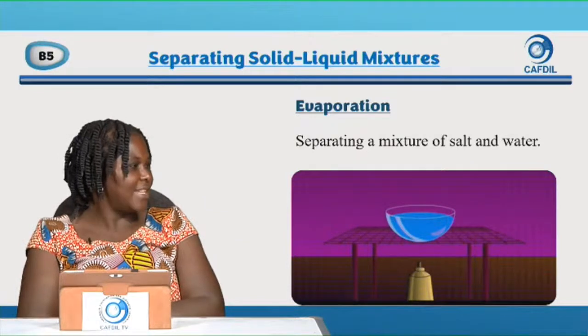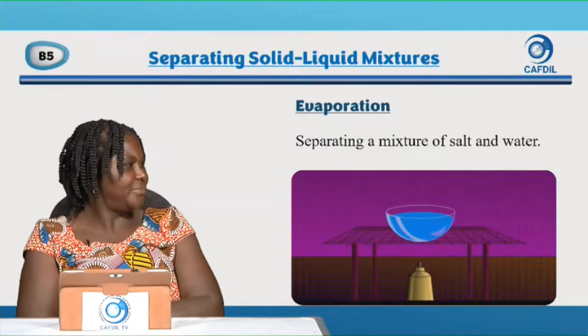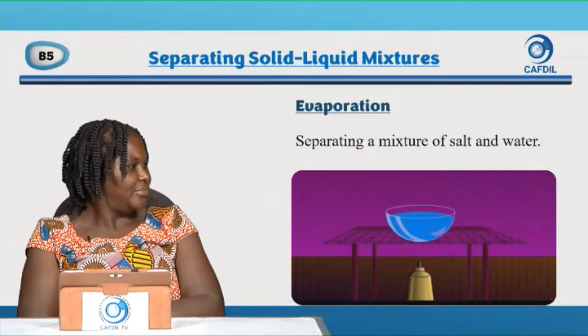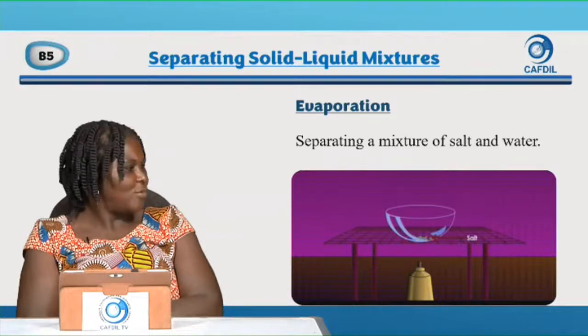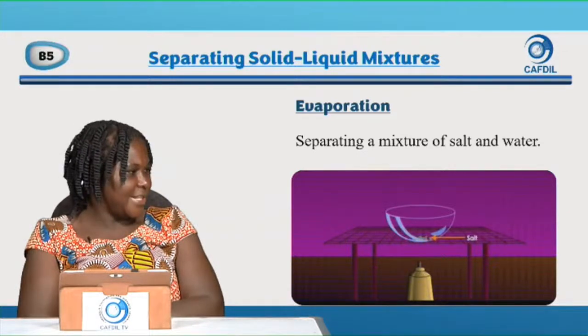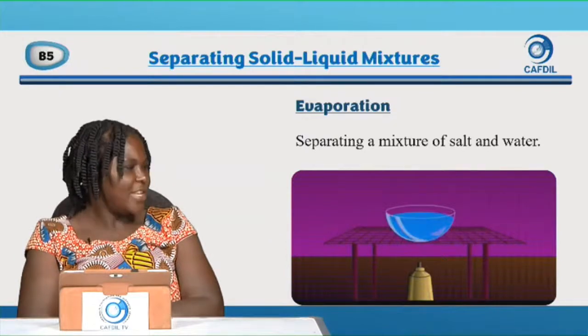Let's look at it again. We have our salt solution, and we are boiling, and the water will evaporate, leaving the salt. So we have separated the salt and water using evaporation.